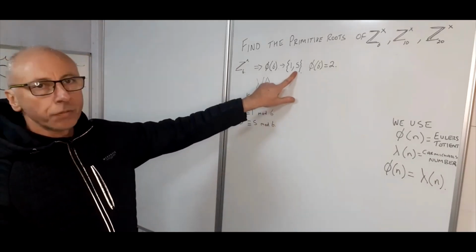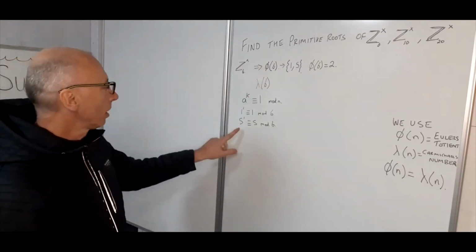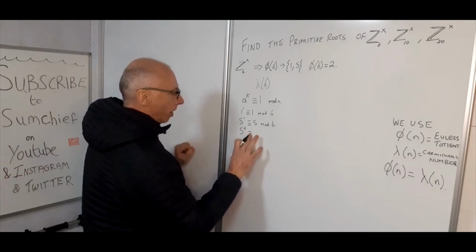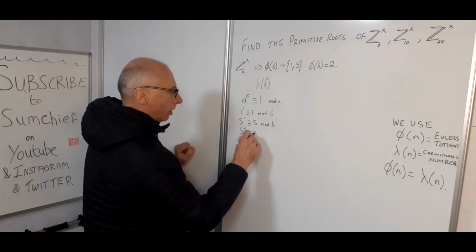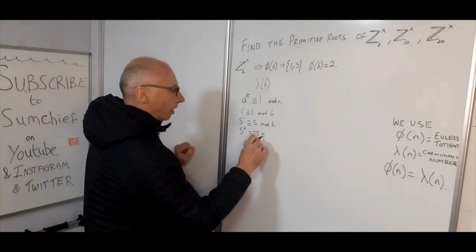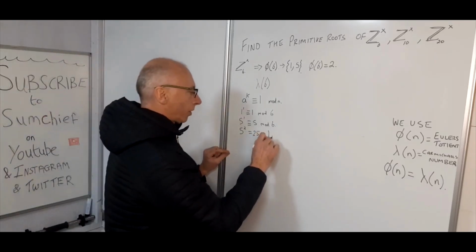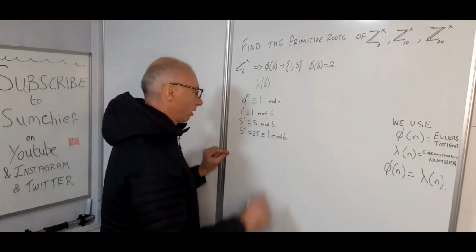So that's produced the first number in the set. Now we need to raise it to 1 more power. So 5 squared, just to break this down, is 25. And then modulus 6, 25 is congruent to 1 mod 6.